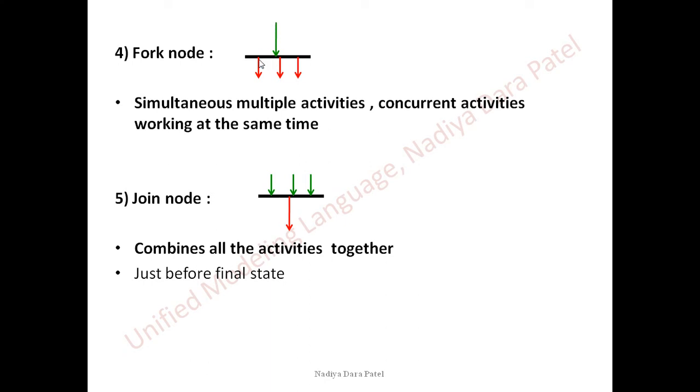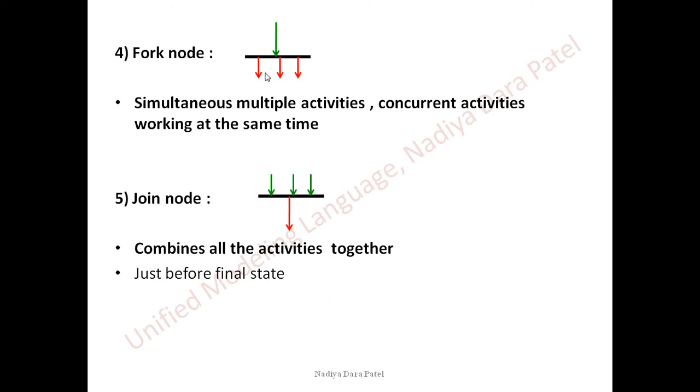Calculating bill is going to have calculating rate into quantity, adding the tax and subtracting the discount. These three things will occur at the same time. After that you will go to generate bill. So between calculate bill and generate bill, we perform these three smaller activities, and they take place simultaneously.